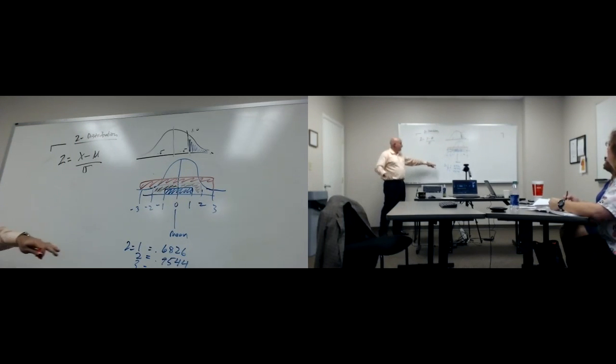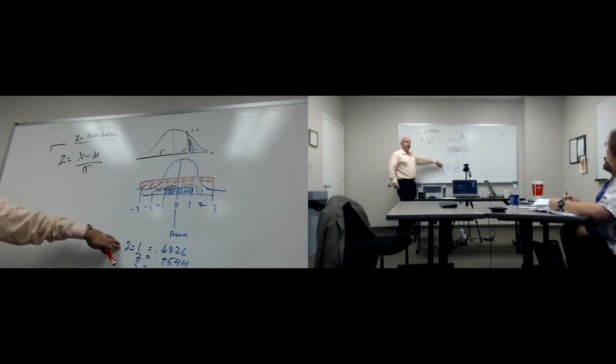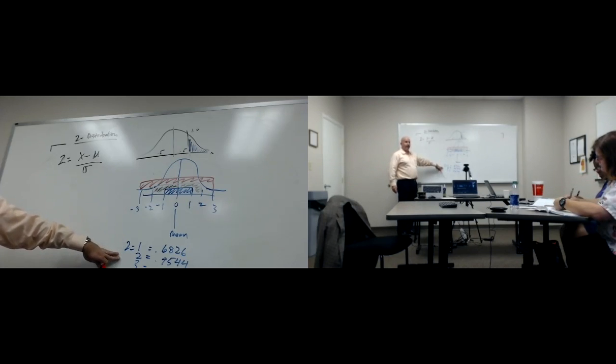Okay, so the idea is everything under the curve is equal to 1. When you calculate z of 1, know that you've got 68% of the data under the curve. A z of 2, 95%. And a z of 3, 99%.